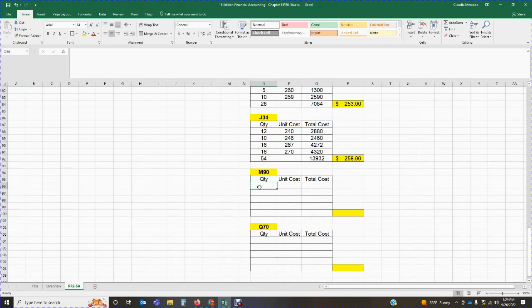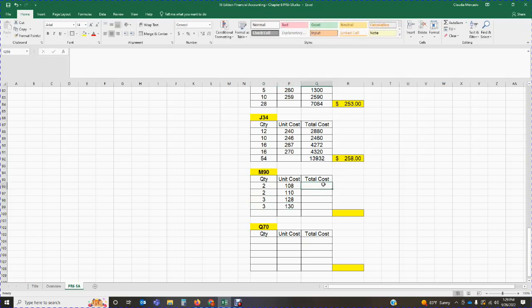Okay, so M90, we have 2 units at 108. We have 2 units at 110. We have 3 units at 128. And then we have 3 units at 130.